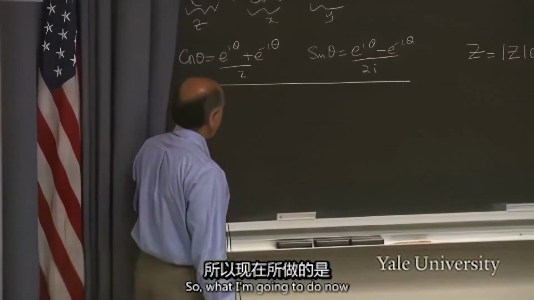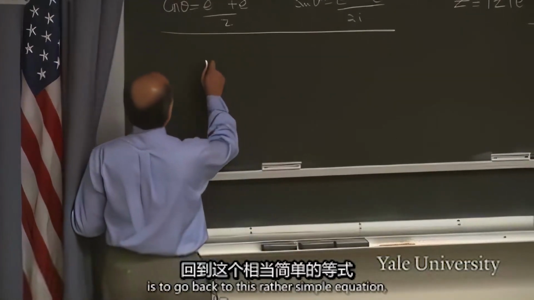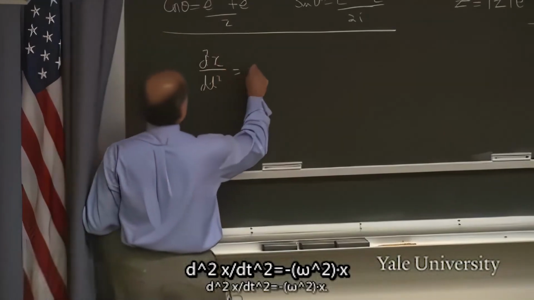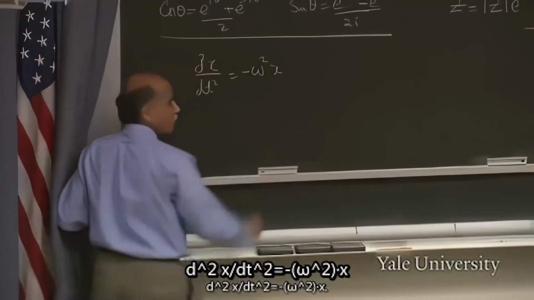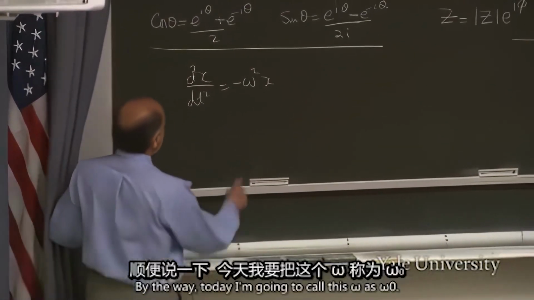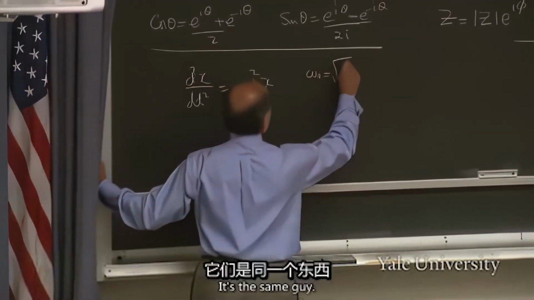So what I'm going to do now is to go back to this rather simple equation, d2x over dt squared equal to minus omega squared x. By the way, today I'm going to call this omega as omega naught. It's the same guy.